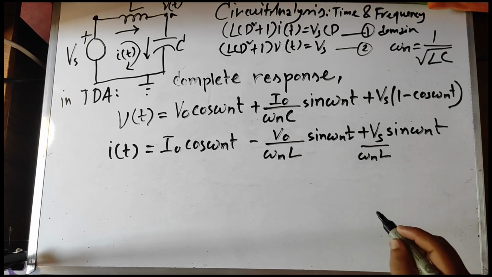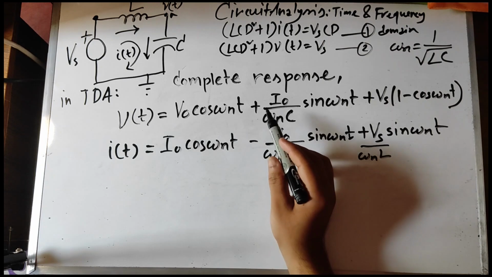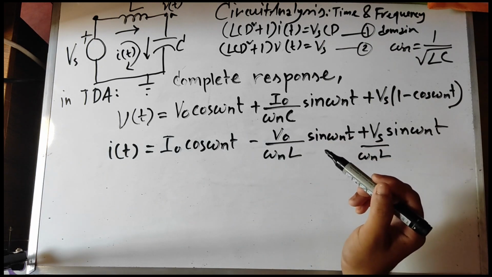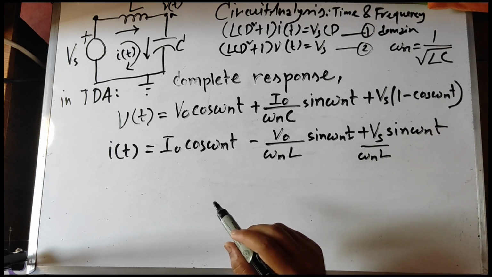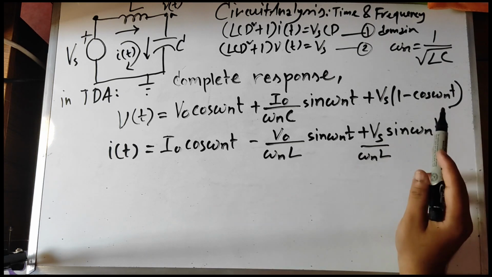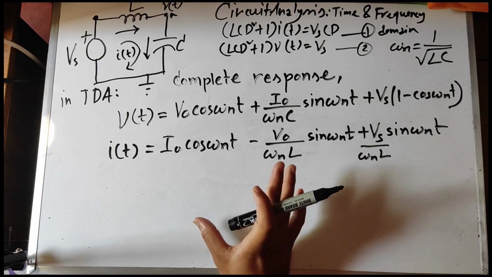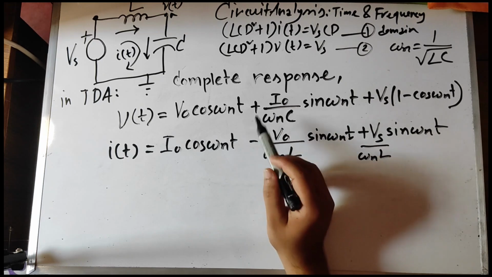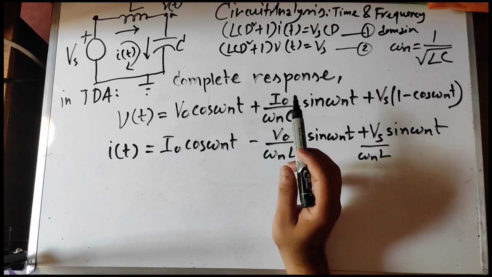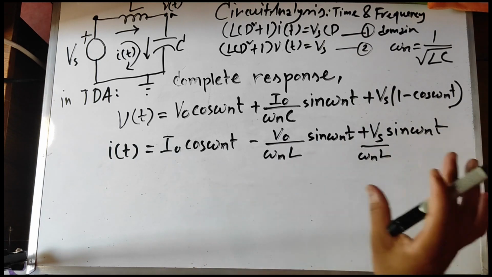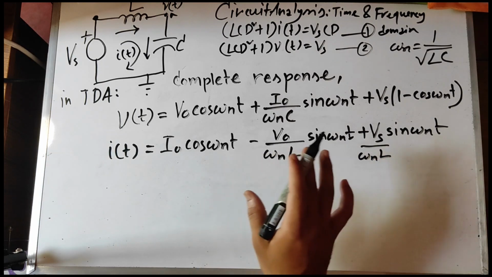So this is the complete response. I think there's a plus minus difference from the source-free LC response with the input response. Obviously the transient response has some plus minus difference, so I don't know, but this is the answer, and that's it. This is the complete response in time domain analysis.